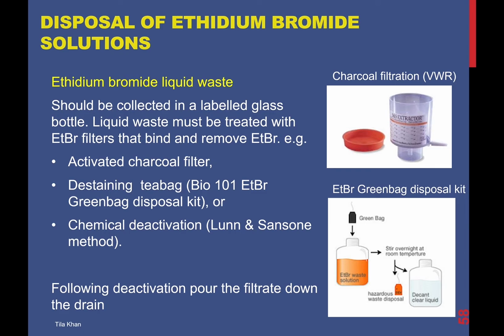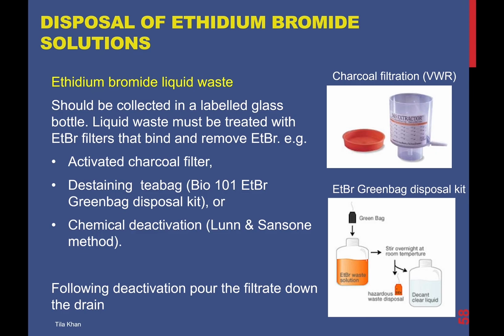And there are a few ways we can remove ethidium bromide from this liquid waste. Number one is activated charcoal, which binds to the ethidium bromide. Another is a destaining bag, as you can see on the right bottom, that you put this green bag into the ethidium bromide waste solution and you leave it overnight, and this destaining bag will bind and remove the ethidium bromide, and the liquid will be clear next morning.